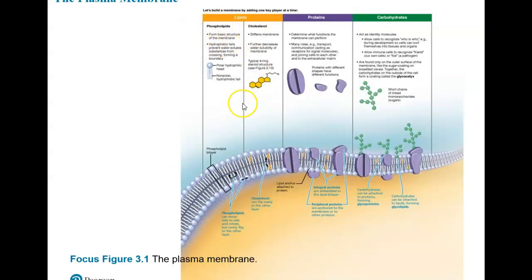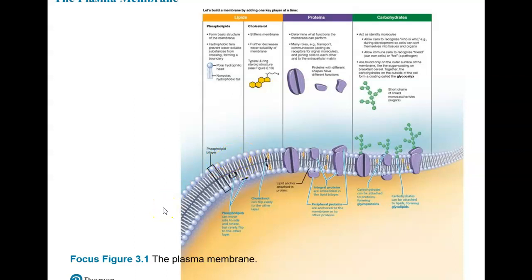But here we're going to zoom into the cell membrane to see the different components. So here's the phospholipid bilayer. If you look closely, you can see that this is made up of two layers. That's why it's known as a bilayer, because it's two layers. These are made up of little structures that have a hydrophobic tail and a hydrophilic head.